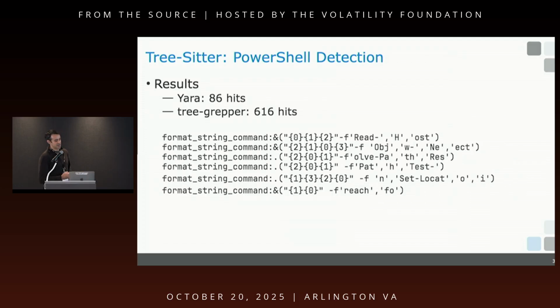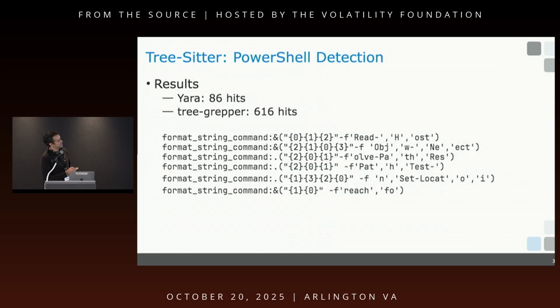So as a test, I ran Invoke-Obfuscation over an entire repo full of 600-something clean PowerShell scripts. And then I ran that YARA rule against it and got 86 hits. Now, this is probably because some of those scripts are just not large enough to trigger the hits required by that YARA rule.